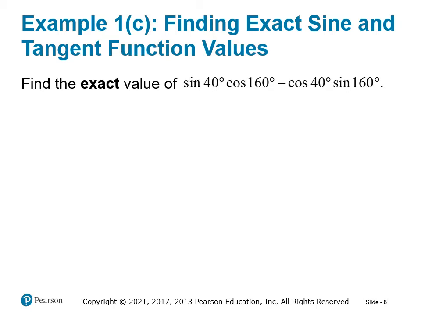All right, find the exact value of sine 40 cosine 160 minus cosine 40 sine 160. So as you're working with your homework, the key here is to get more and more familiar with the identities, and hopefully you notice that this is the sine of a difference of two angles, specifically sine of 40 minus 160.